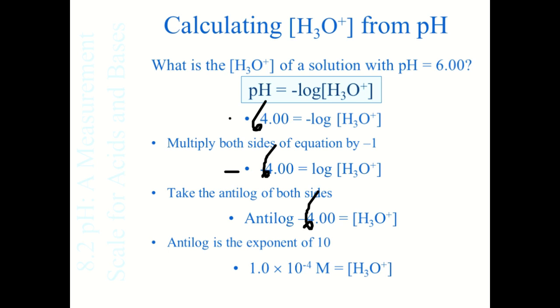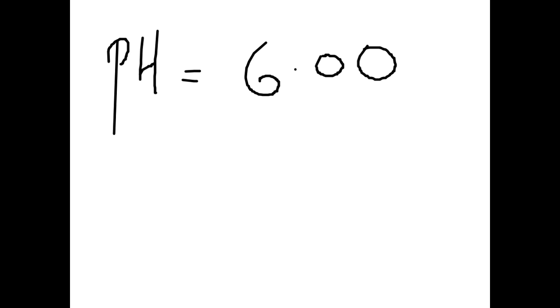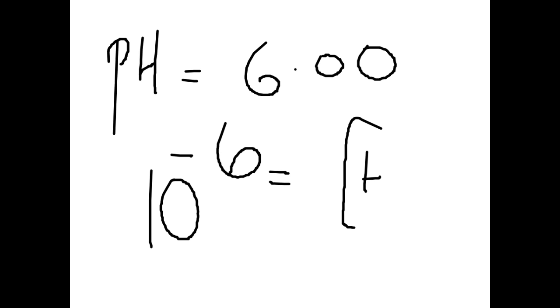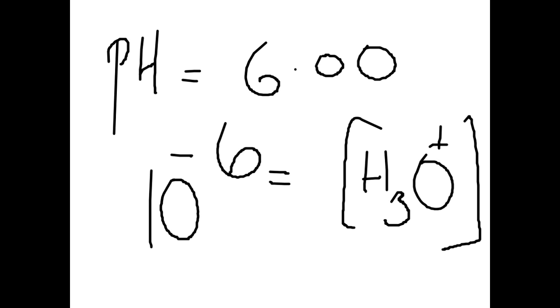Whenever the pH is given, what do you have to do to find H3O+? How do you get rid of log? Well, in this problem, it's straightforward. The pH is 6, right? So what is the H3O+ concentration? Remember how I told you to get rid of log? You do 10 to the negative 6.